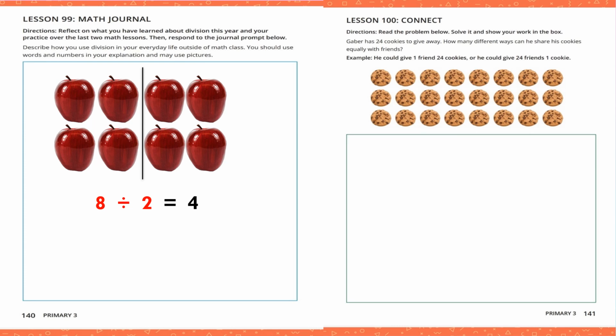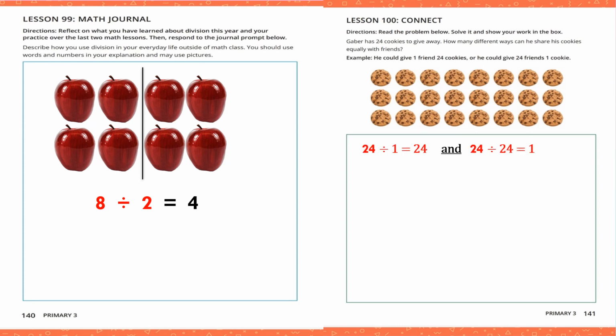The next page, lesson 100. Gaber has 24 cookies to give away. How many different ways can he share his cookies equally with friends? He could give one friend 24 cookies, or he could give 24 friends one cookie.